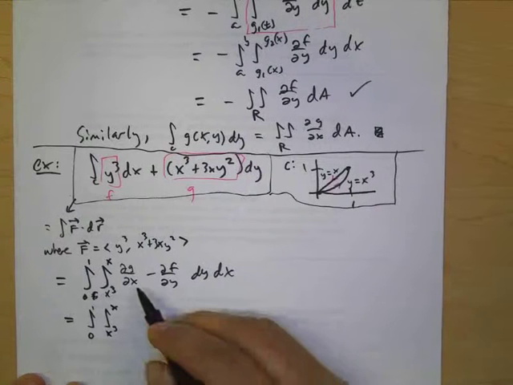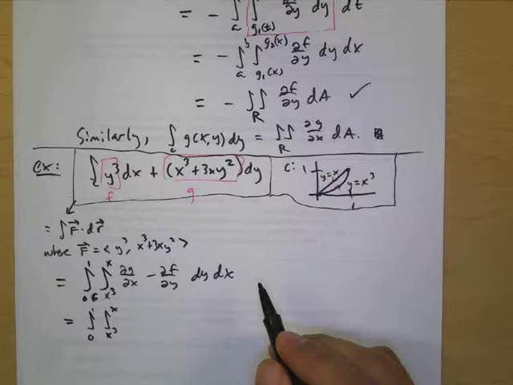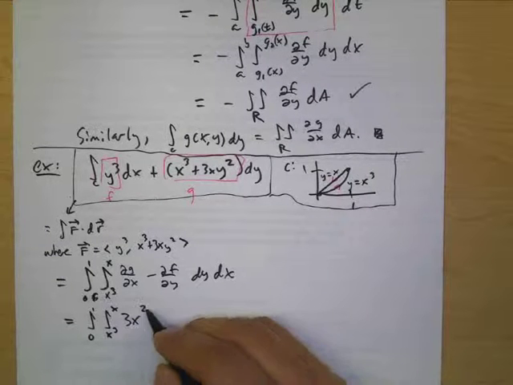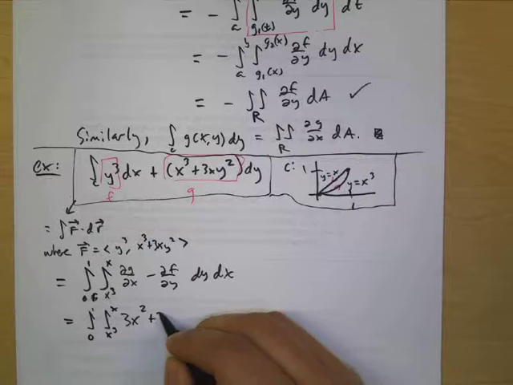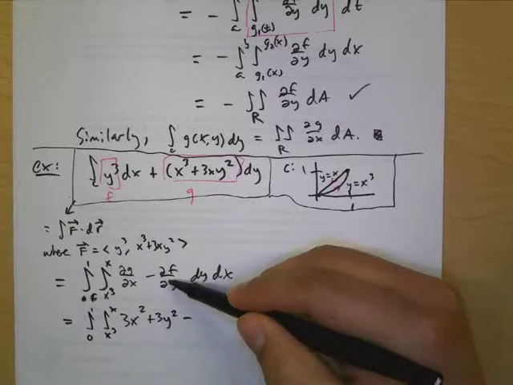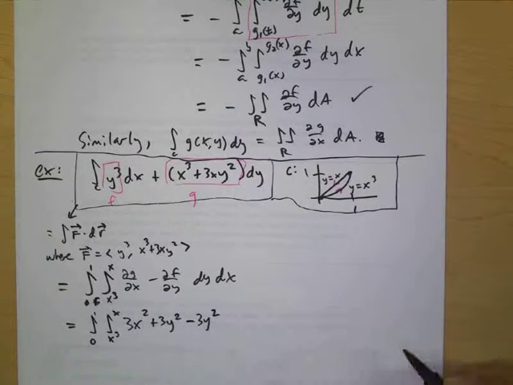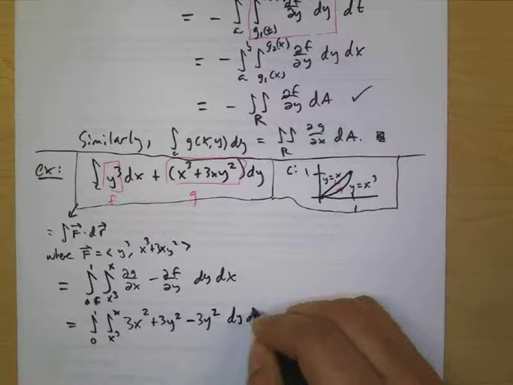Partial g partial x would be what? Minus partial f partial y, which would be 3y squared. Well, that's nice.